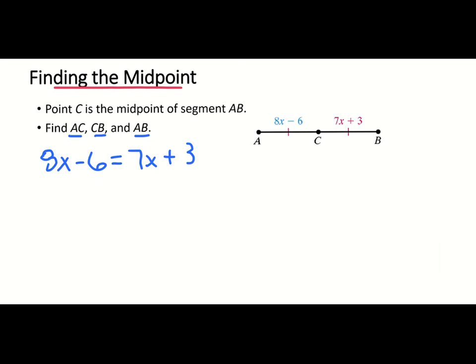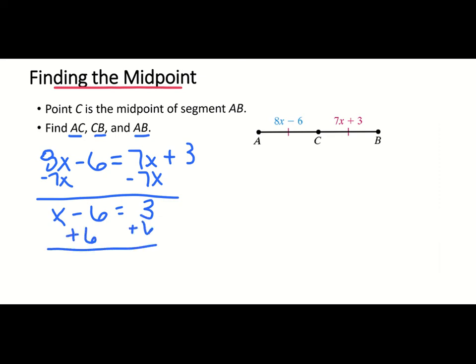Now we'll just solve the algebraic equation. I'll subtract 7x from both sides. I get x minus 6 equals 3. Add 6 to both sides, and we get x equals 9, which is good, but we're not done yet. We have to go back and find AC, CB, and then AB.